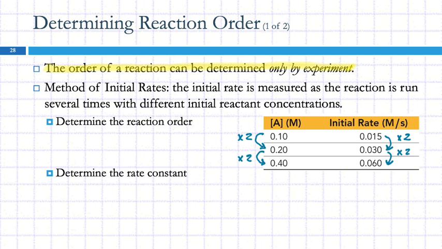So it's first order. And we could write the reaction rate law then. The rate is equal to the rate constant times the concentration of the reactant to the first power. So, if it makes you feel better, write a 1 there. That's fine.